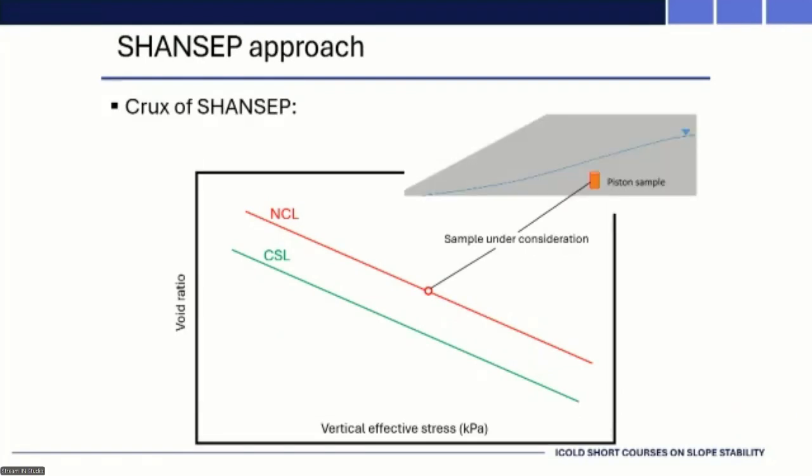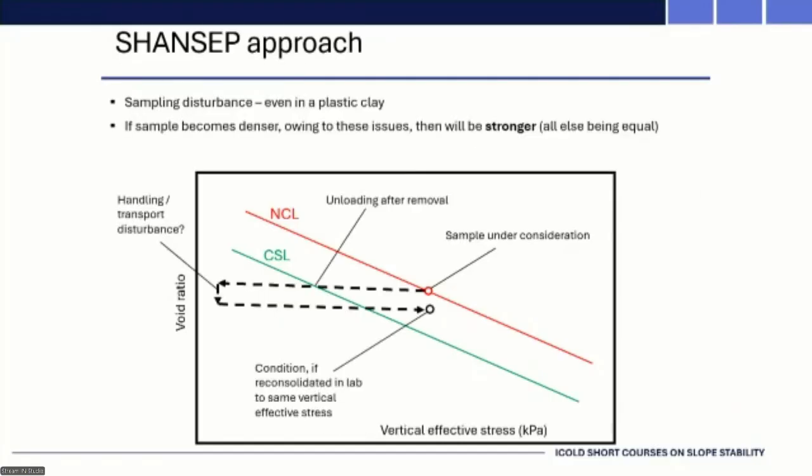When you sample, take a sample from below the phreatic surface, so it's fully saturated, you get that first upper dashed line, you're unloading, as we've seen already. Then maybe during handling, transport, etc., you get some additional disturbance, so the void ratio decreases further.